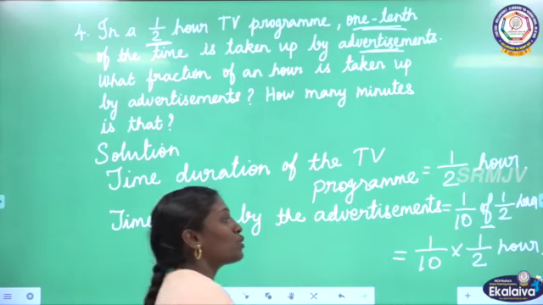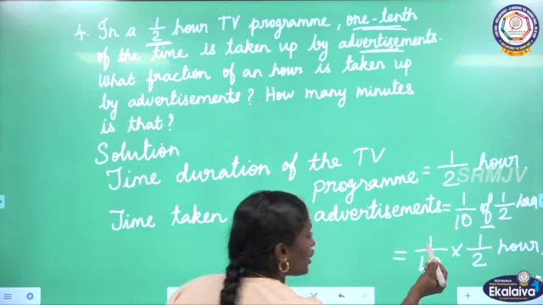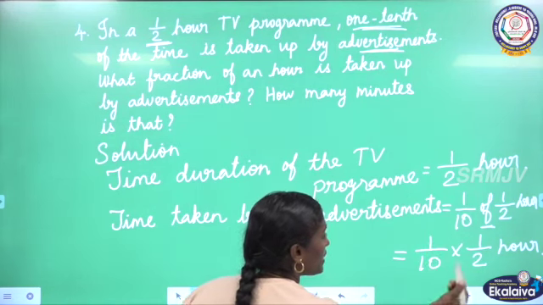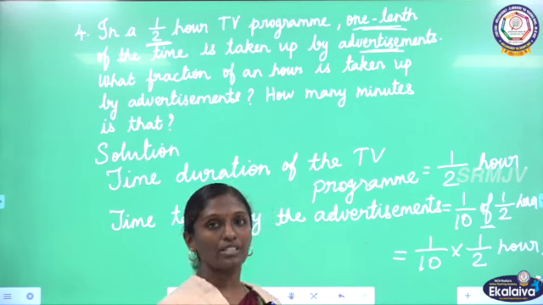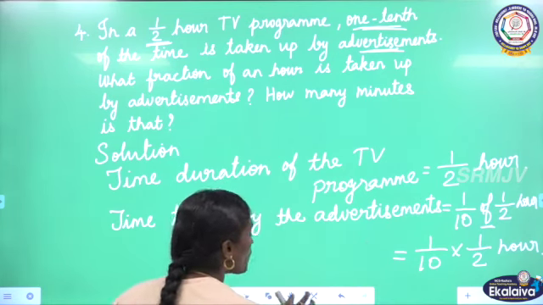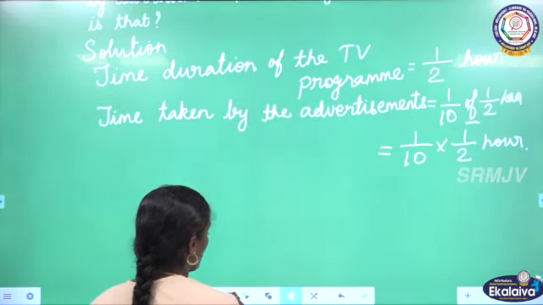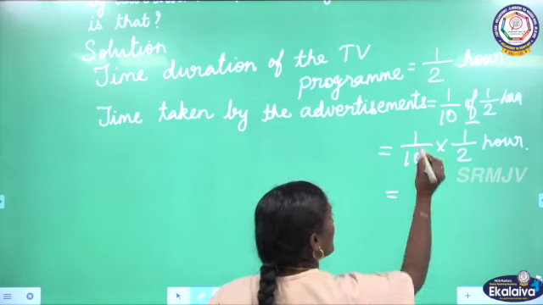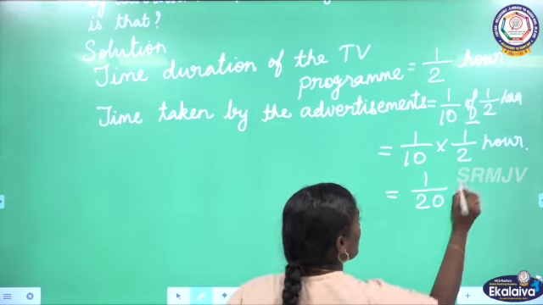Now we have to check whether there is any possibility to reduce. Here in numerator 1 and 1, in denominator 10 and 2. Here in numerator 1 alone is there, so we can't reduce the fractions. So we are going to multiply the numerator and the denominator. Okay. So we will get 1 into 1, 1, 10 into 2, 20.